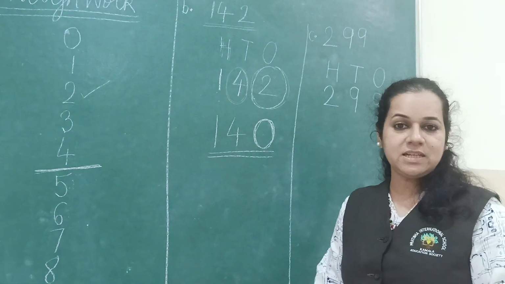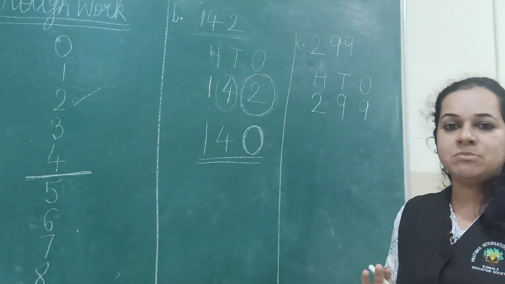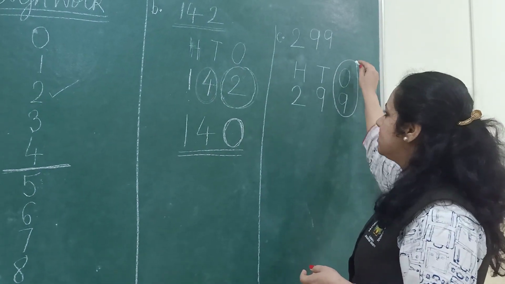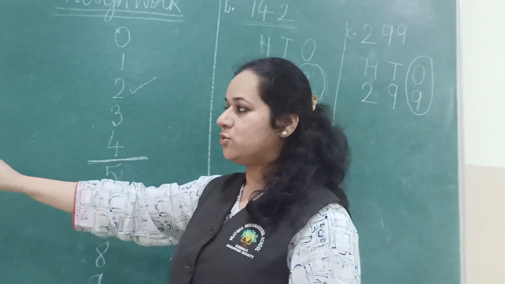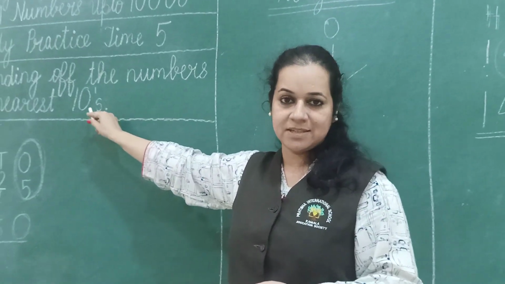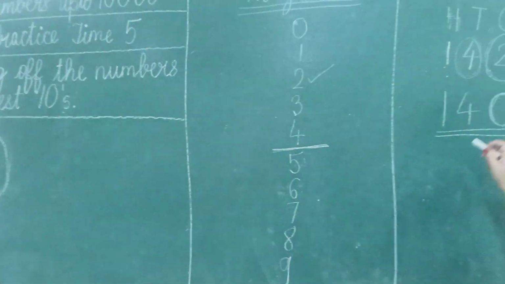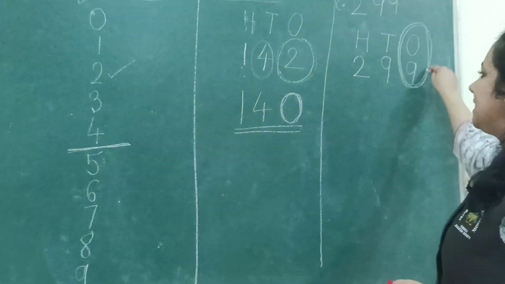Which number will we see? We will see the number in the ones place, because we are rounding off the number to the nearest tens.